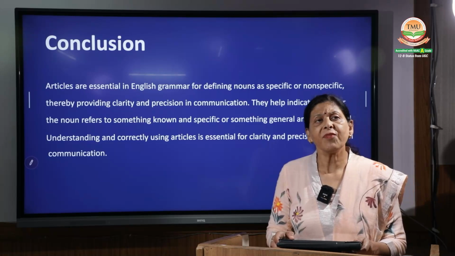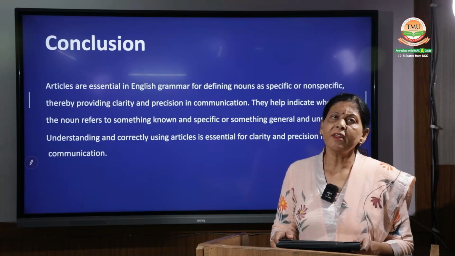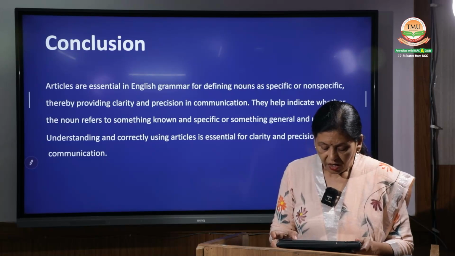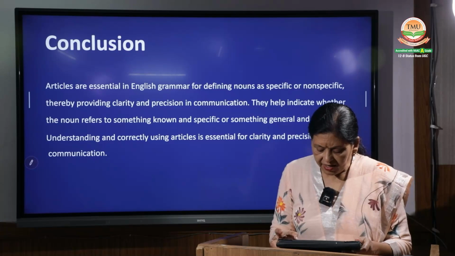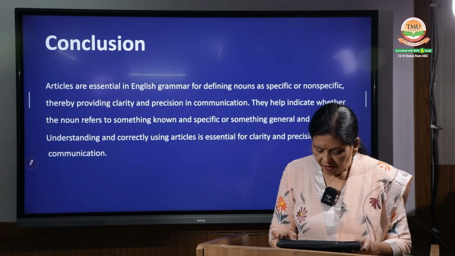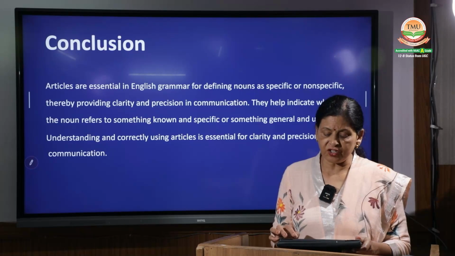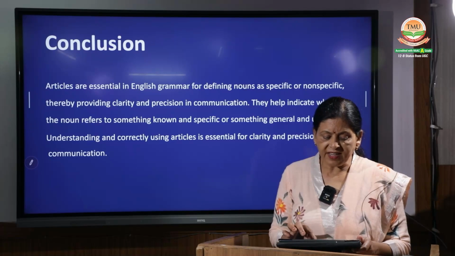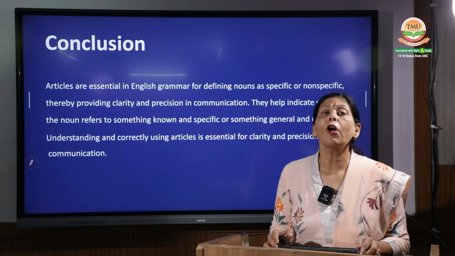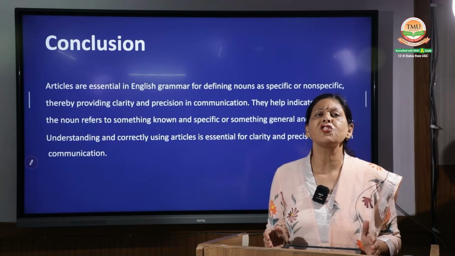But when something is particular, then the definite article the will be used. Understanding and correctly using articles is essential for clarity and precision in English.